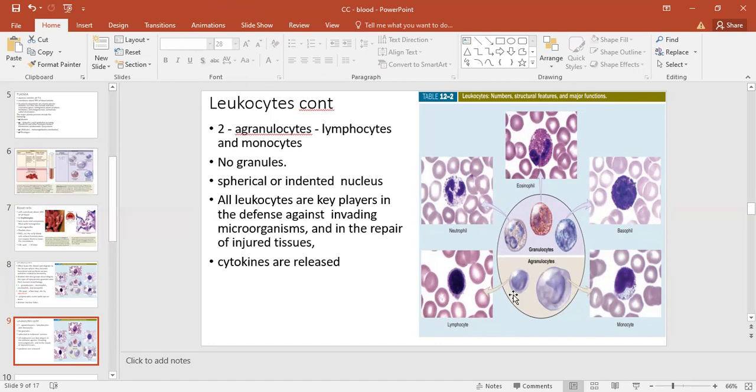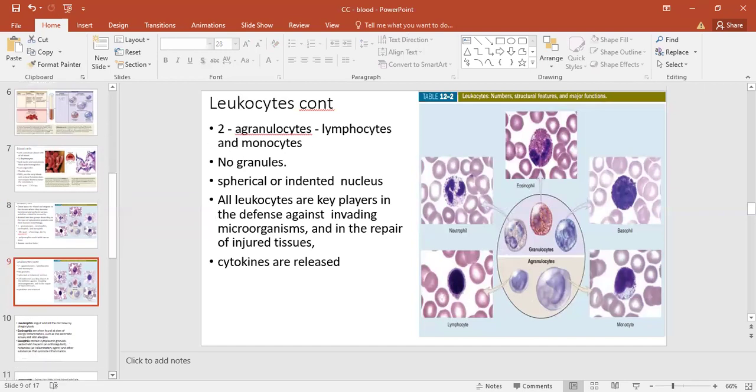Some of them will have a very large nucleus, but it is just one. There are no granules. Like all the white blood cells, they help in fighting off microorganisms.